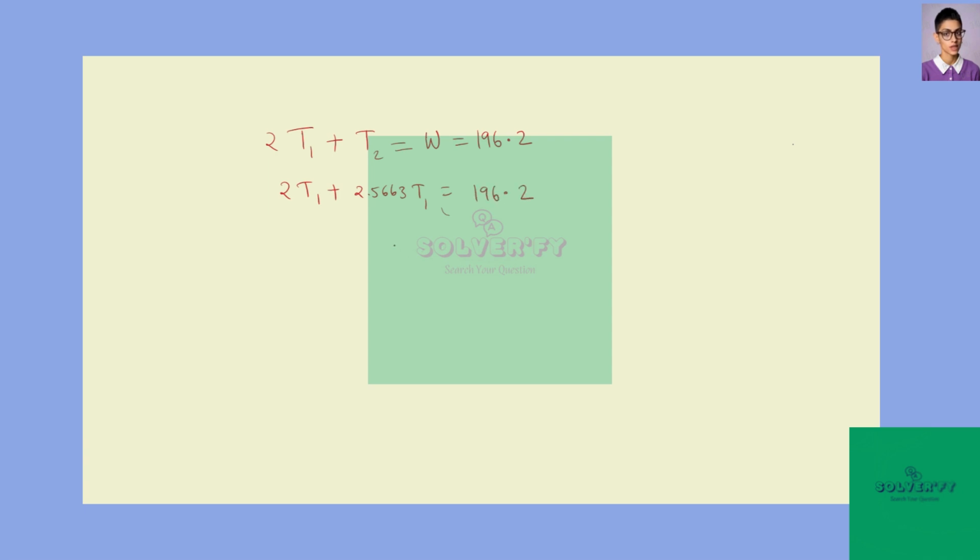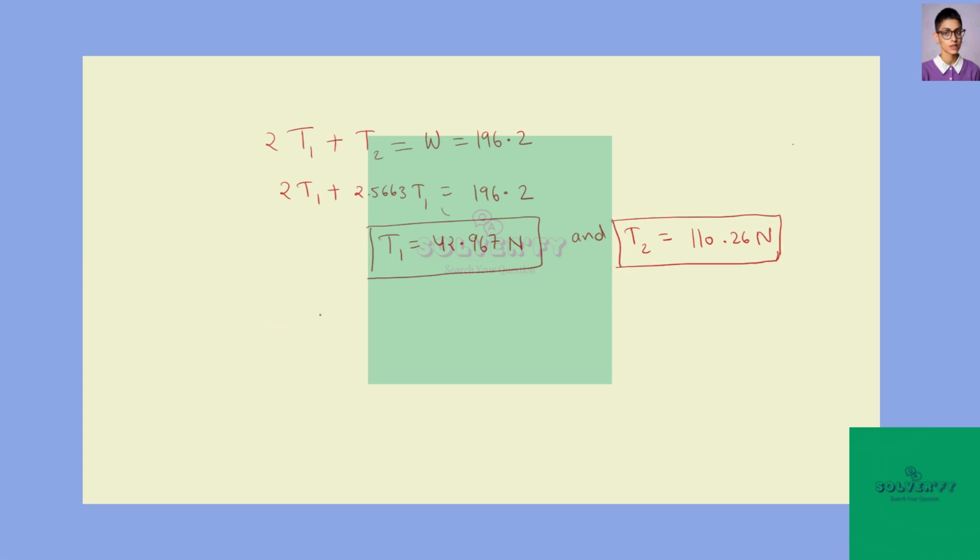So after solving this equation, the value of T1 is 42.967 Newton and T2 is 110.26 Newton.